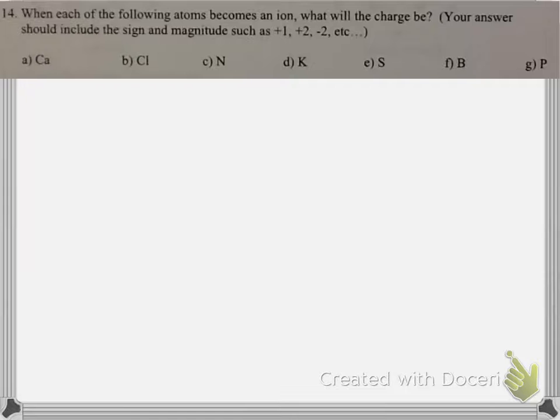Question number 14. When each of the following atoms becomes an ion, what will the charge be? So we're going to work through this methodically. Calcium has 20 protons and 20 electrons.